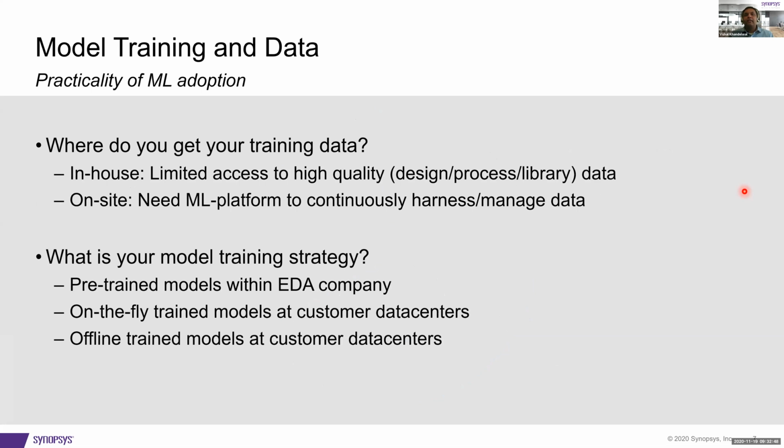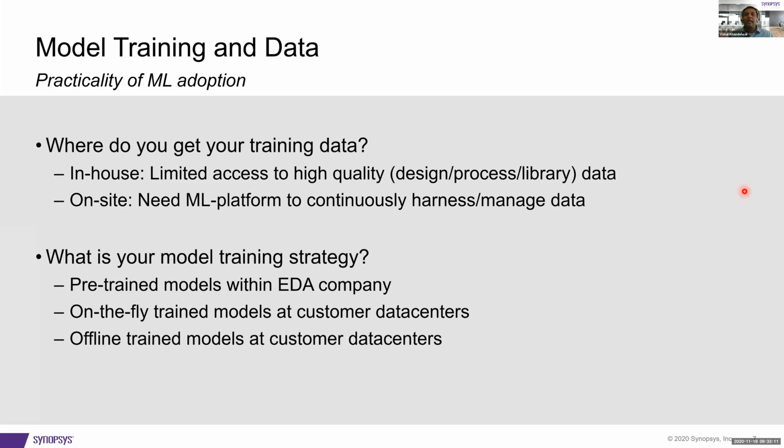Another very critical component of machine learning is training data. I think it's one of the things that we maybe sometimes take for granted, but you have to ask the question: where do you get your training data? We at Synopsys have access to many designs, so compared to academia, we are definitely in a much better situation. But the fact of the matter is, even we don't have access to all the data we need.